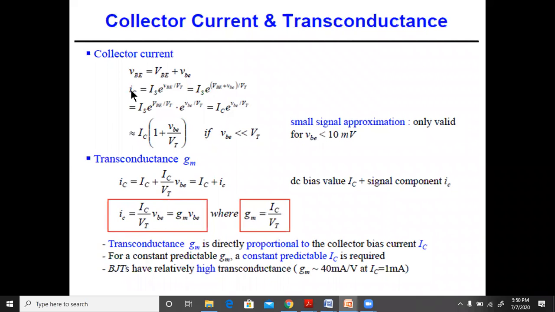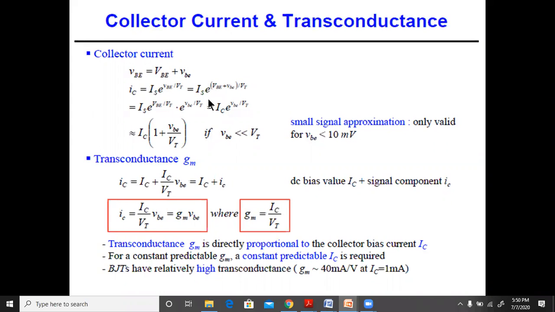The instantaneous value of the current IC will be equal to the DC value of IC plus the AC value of IC. That will be equal to IS into e to the power of VB by VT, where VB is the instantaneous value, and this VB is substituted from over here.